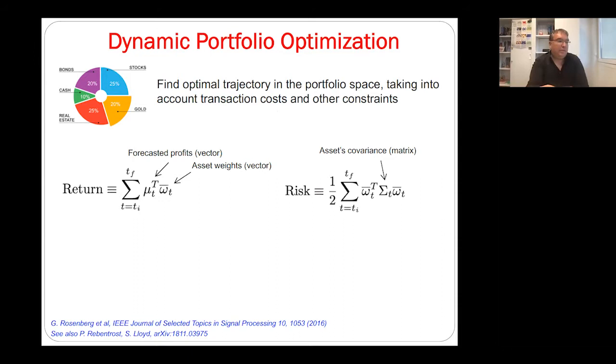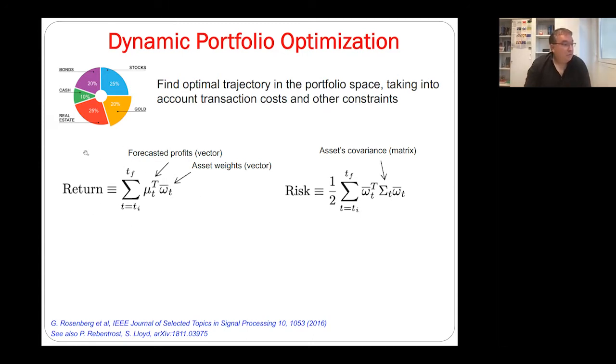Now, mathematically, this is going to be my return. So I have a number of assets, all right? And now I have a weight, let's say a percentage of how much of each asset I have. And I just organize this as a vector. Now this vector is going to be this omega here. These are the asset weights, and this is a vector, all right?